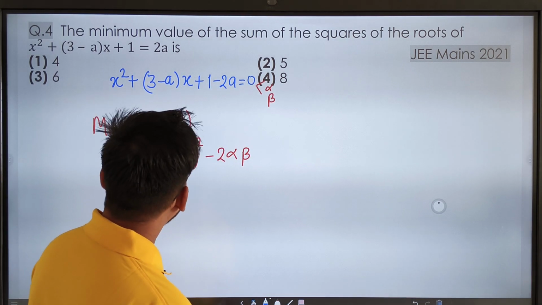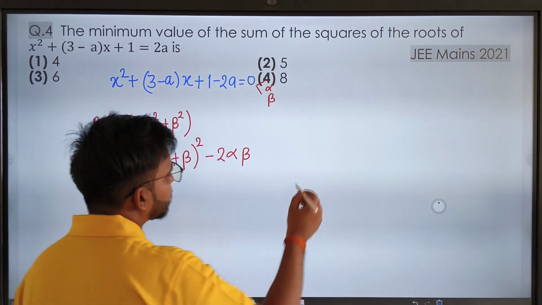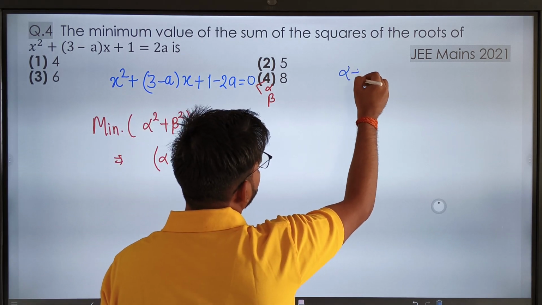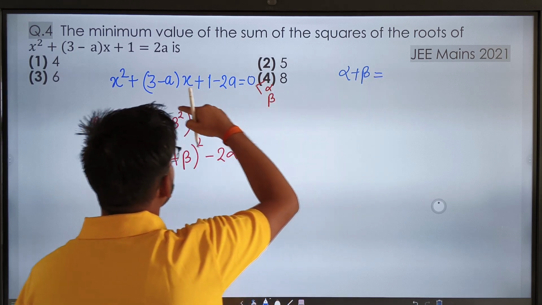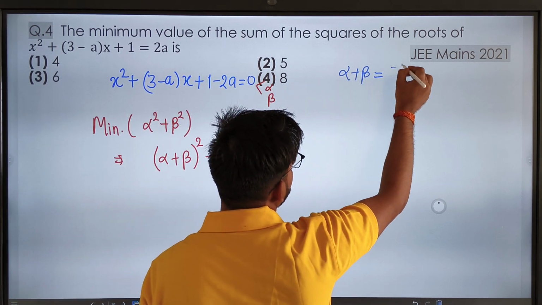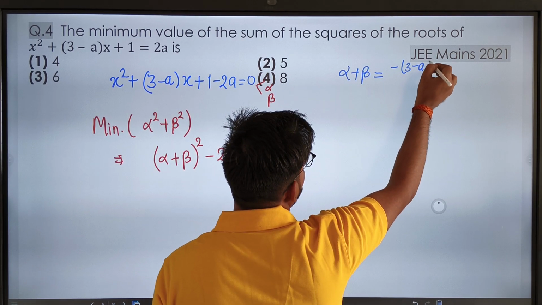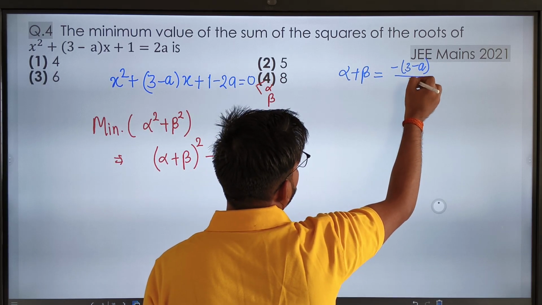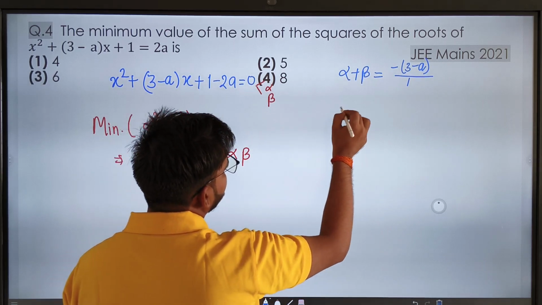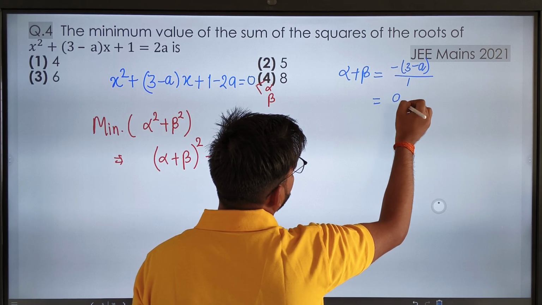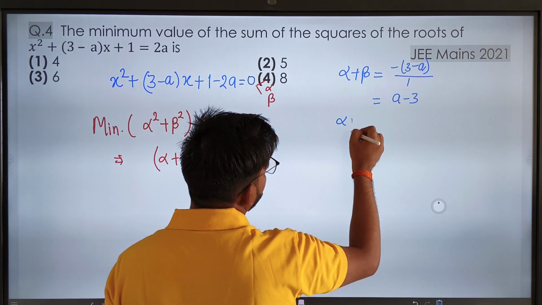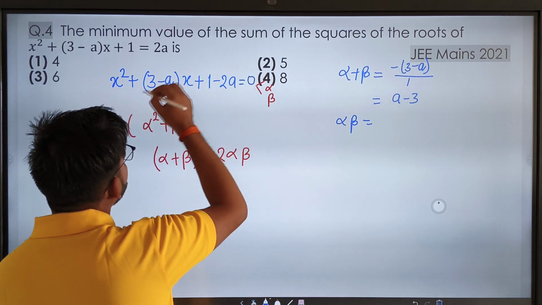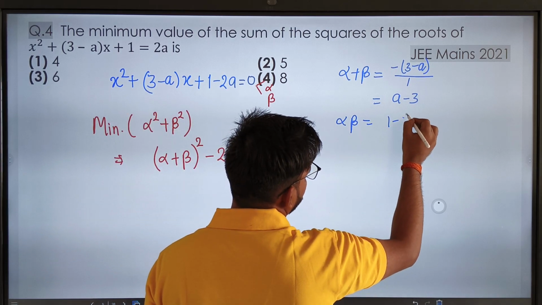So can anyone tell me what is the value of alpha plus beta? Let's find out. Sum of roots of any quadratic equation is minus b by a. So similarly in this case it is going to be minus of (3 minus a) divided by 1, and if I simplify, it is going to be a minus 3. And similarly alpha beta, product of roots, is going to be c by a, that is 1 minus 2a.